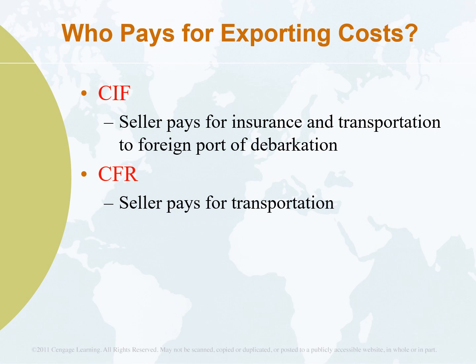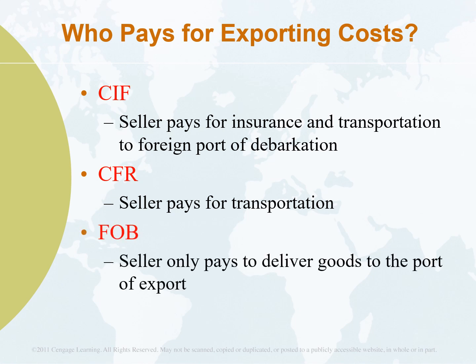That's the cost and freight. The seller pays for transportation. Okay, that's in your test. Okay, CIF, CFR, or FOB, and FOB is free on board. The seller only pays to deliver goods to the port of export. You handle the transportation and of course the cost of the goods. Okay, just FOB. Okay, price.